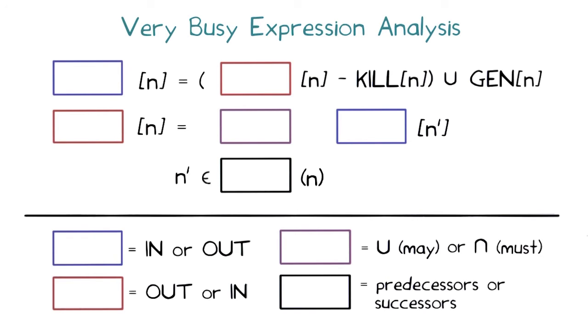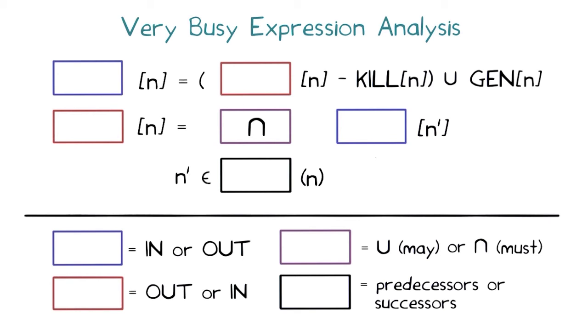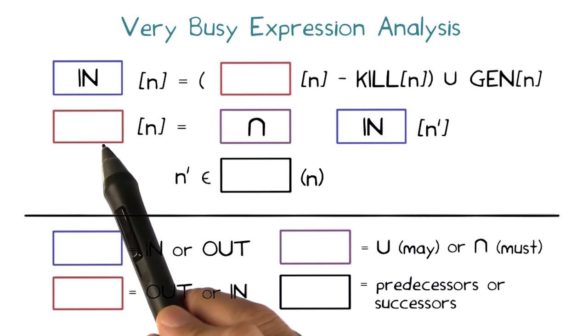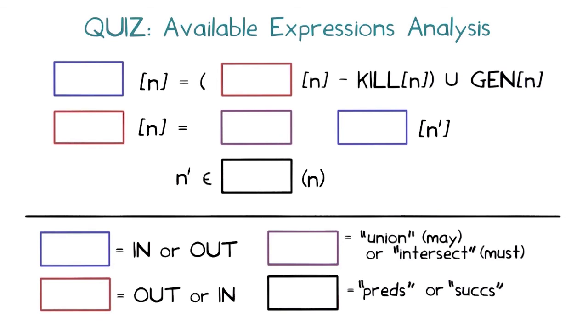Therefore, we fill in the purple box with the set intersection operator. Furthermore, the analysis propagates this information about very busy expressions backwards in the control flow graph. Therefore, we fill in the blue boxes with in sets, the red boxes with out sets, and the black box with successors. Now let's fill in the pattern for available expressions analysis.